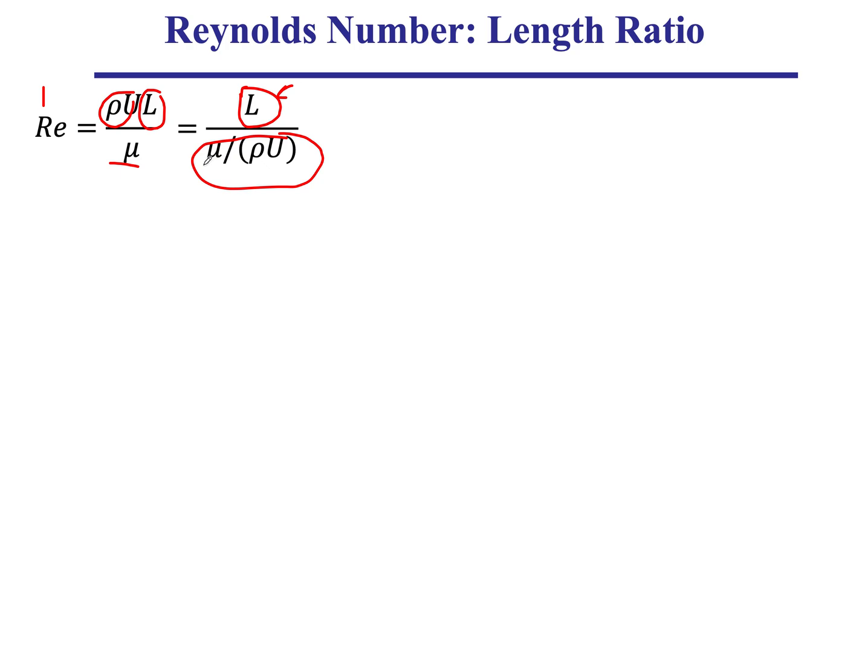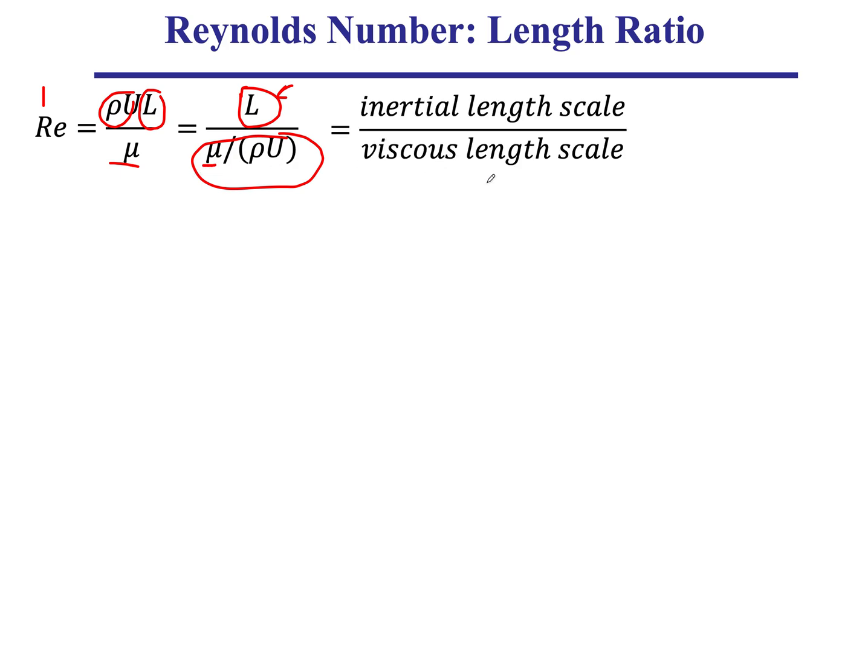And this, because it has viscosity, also has units of meter. This whole term in the circle has units of meter, but because it has viscosity, we call it the viscous length scale. So that's one way of looking at the Reynolds number. We don't really have a strong feel of what we mean by inertial length scale and viscous length scale, but we will have some experiments later on to understand this concept of viscous and inertial scales.